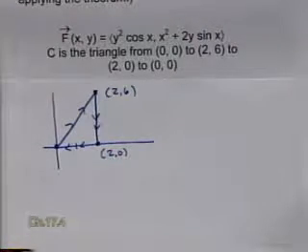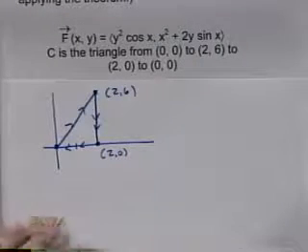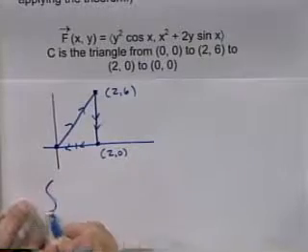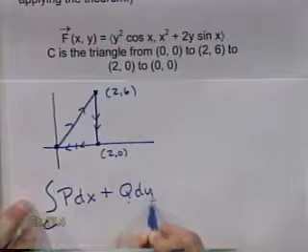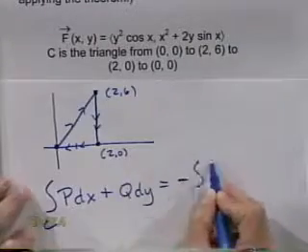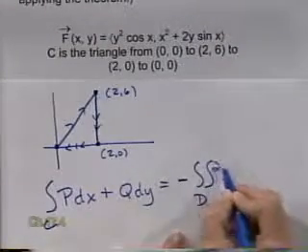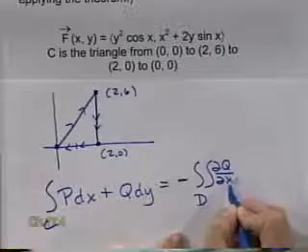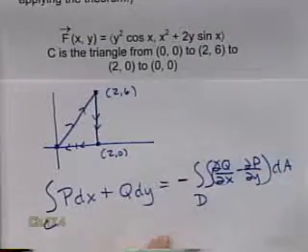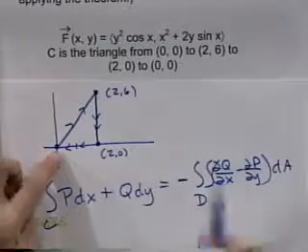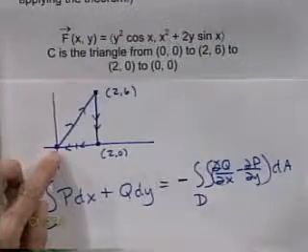Look at that orientation. When that guy's walking around, his right arm's going inside, isn't it? So the integral over this curve of P dx plus Q dy is going to be the opposite of what we get with Green's theorem. Are you with me? Because with Green's theorem, we would be having to go in this direction.